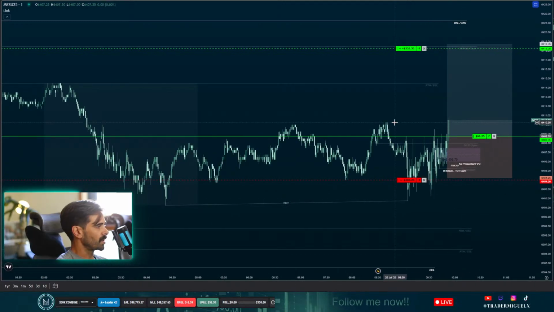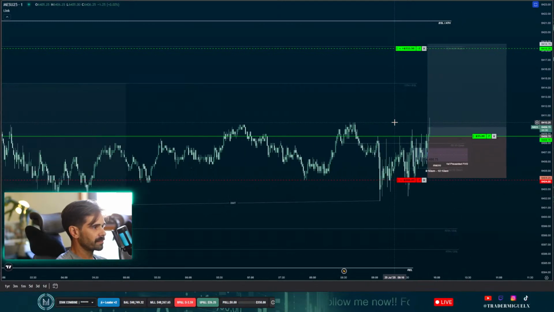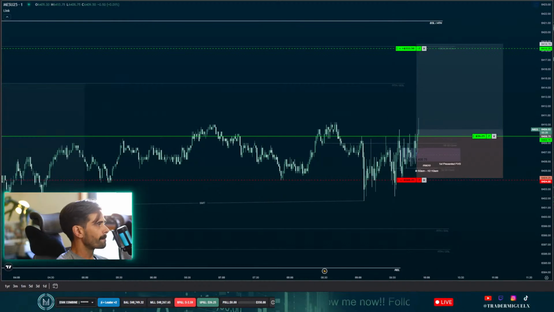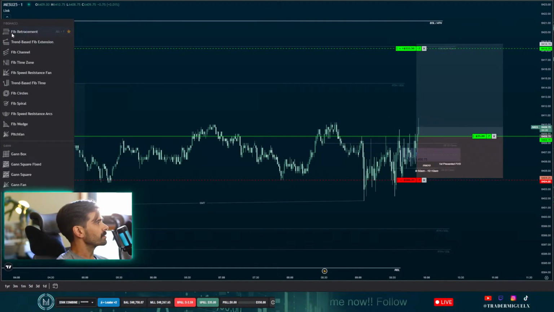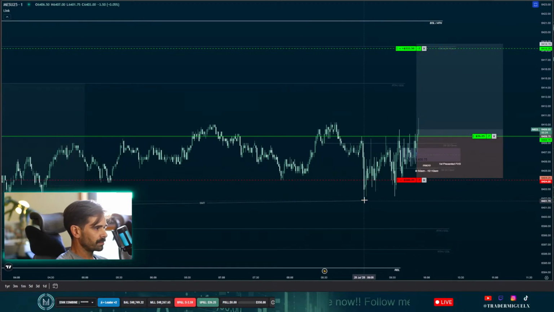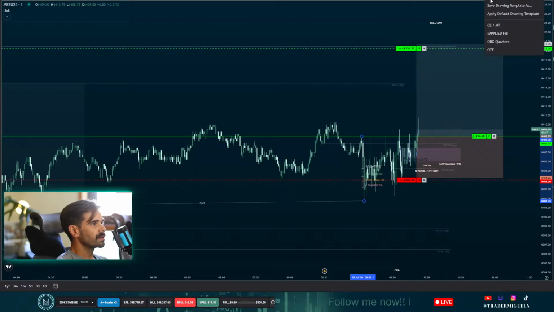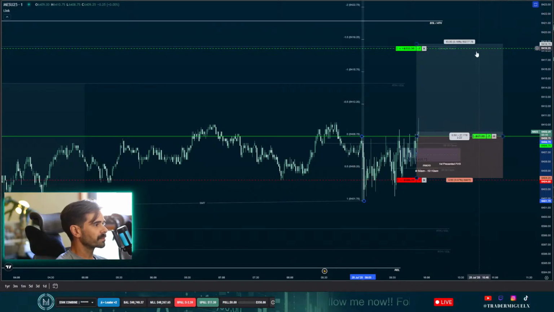So first relative equal highs are being taken here. Let's just try to project something here. So this would be the last leg down. Taking a projection here.